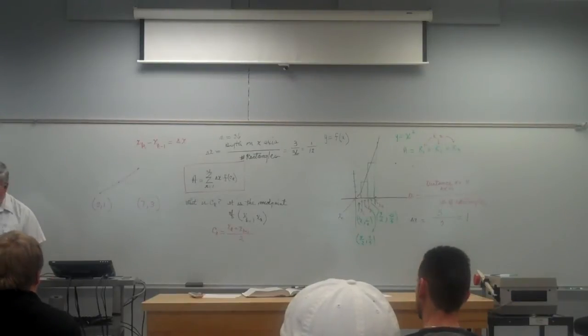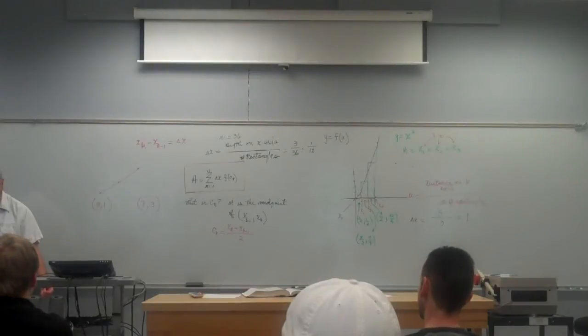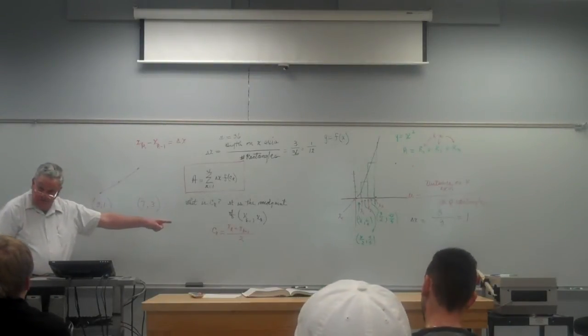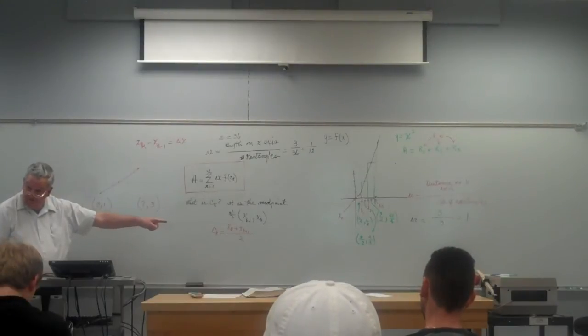Add the x's together and divide by 2. Add the y's together and divide by 2. Isn't that the way you do it? Well, isn't that what I'm doing? Does everybody agree?